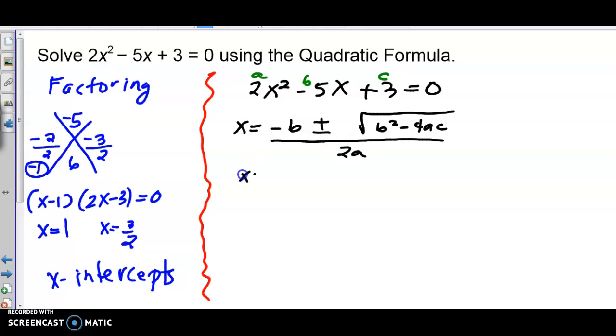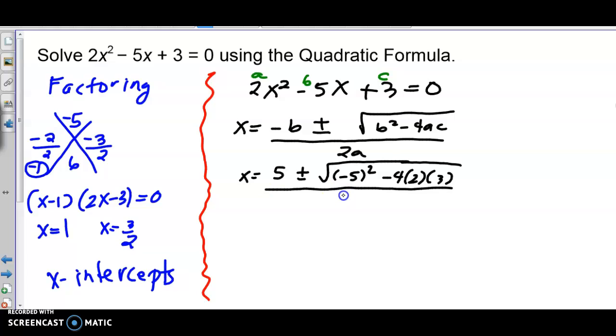So substituting the values, opposite of b, since your b is negative 5, you get the opposite of that, it will become positive 5, plus or minus square root of, you square your negative 5, so b squared is negative 5 squared minus 4, your a is 2, and your c is 3. Let's extend this one. All over 2 times 2.